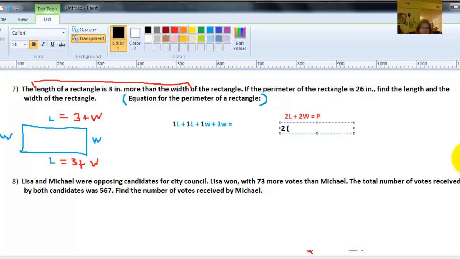2 times 3 plus W, plus 2W, because we don't know W and there's nothing attached to W. And the answer, the whole perimeter, when you add it all up, will be 26.